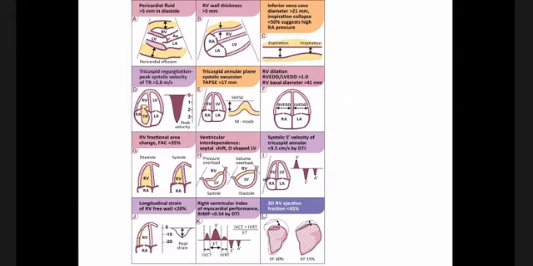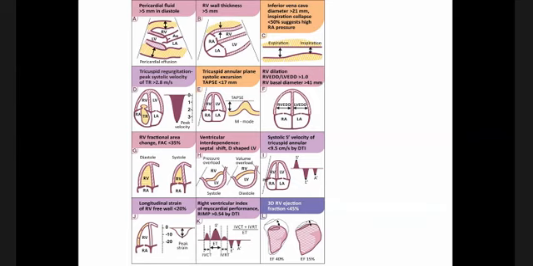Yeah, so basically the ejection fraction of the right ventricle can be measured, but it is even less important, definitely much less important than the ejection fraction of the left ventricle. What is more important is the cardiac output.